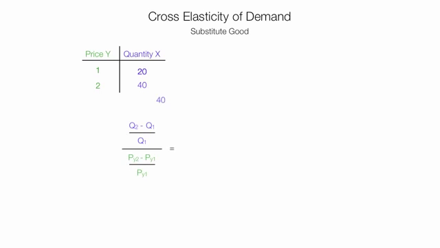I take the second quantity minus the first quantity divided by the first quantity. All this divided by the second price minus the first price divided by the first price. This is equal to 40 minus 20, which is 20, divided by 20.